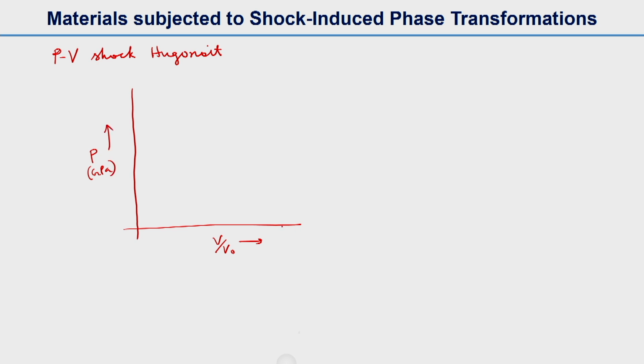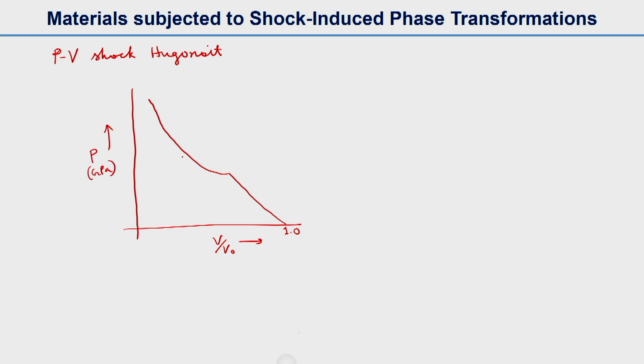It is 1.0, it starts from here and it goes like this. There will be a discontinuity in slope, so it will vary like that, and this is the loading case.